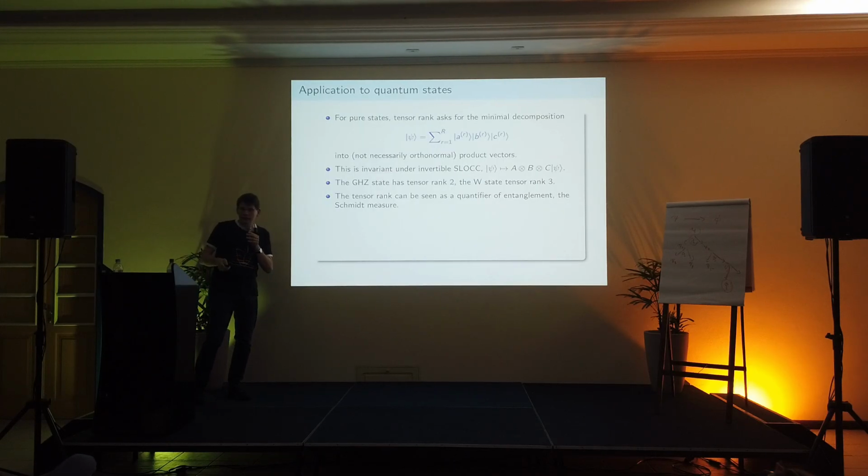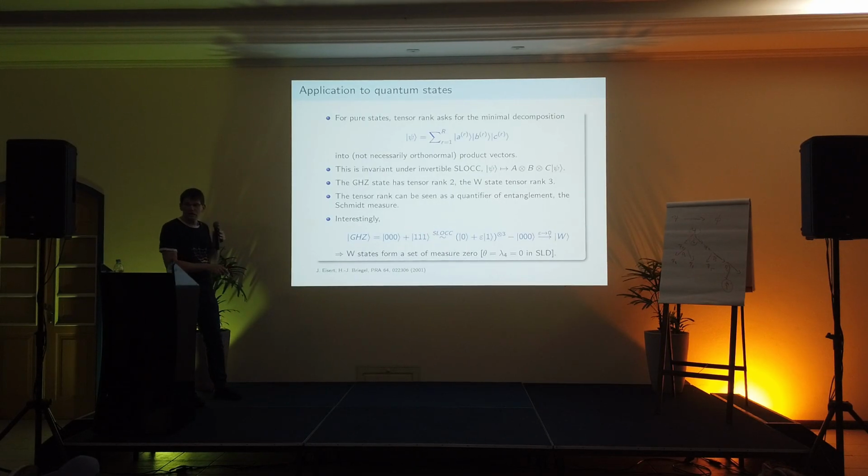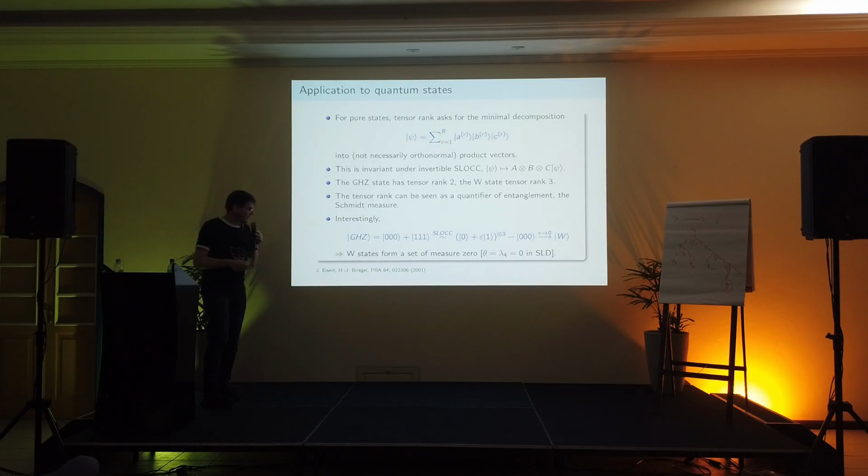Maybe as a final remark, which is a bit surprising at first, but also quite deep. If you take a GHZ state, I can apply some SLOCC transformation. For instance, I map 0 to 0 plus epsilon 1, and 1 to 0.